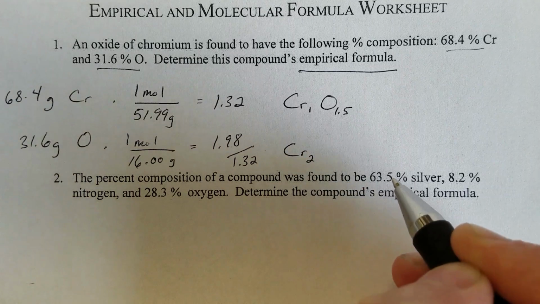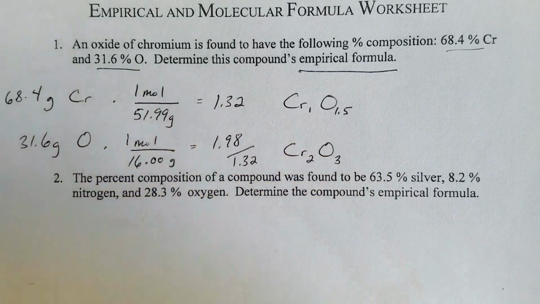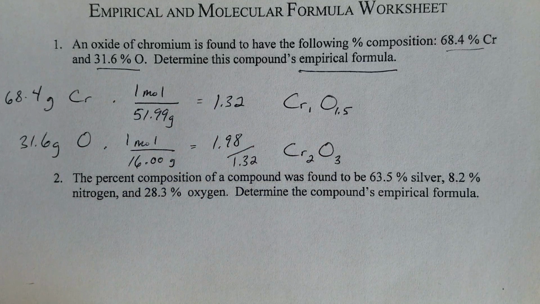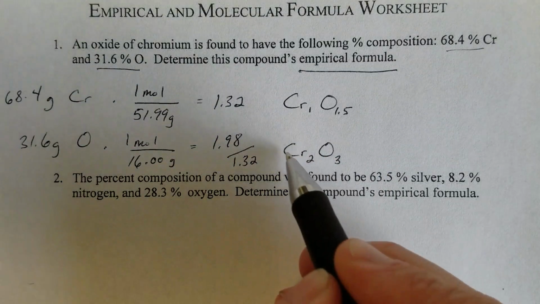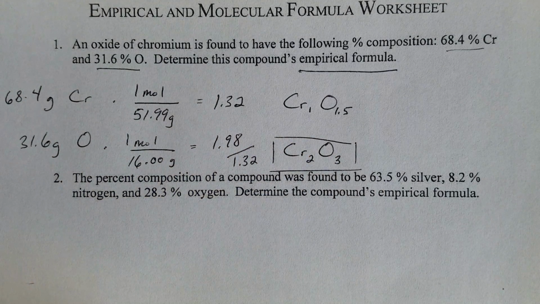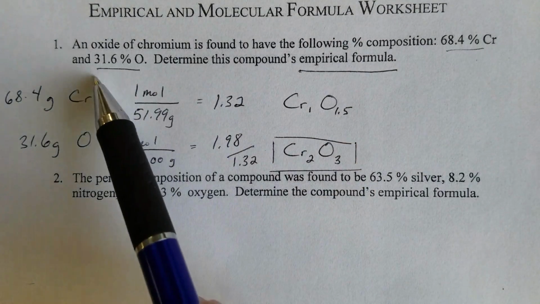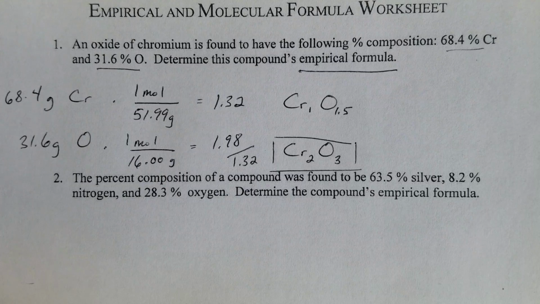So chromium would have a subscript of 2, and oxygen would have a subscript of 3. And that's going to be our final answer. That is the empirical formula that we're looking for of chromium oxide, given the percentages that were first presented to us.